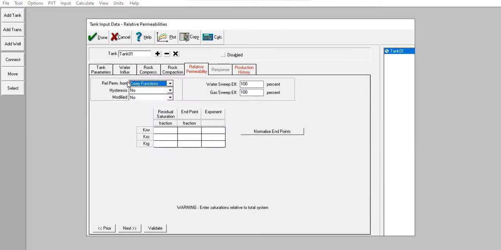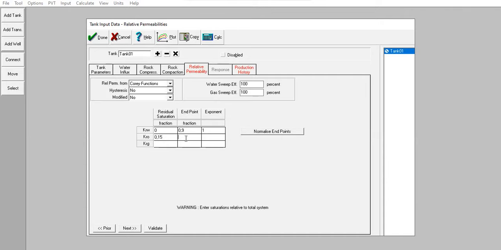relative permeability, we will use Corey functions. You can follow me for this table, residual saturation fraction. Okay, the endpoint, exponent 1, and the KRO.